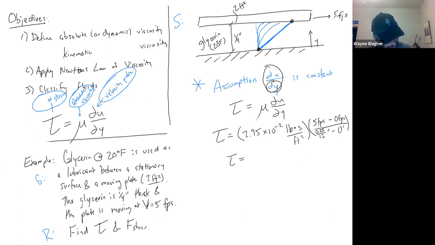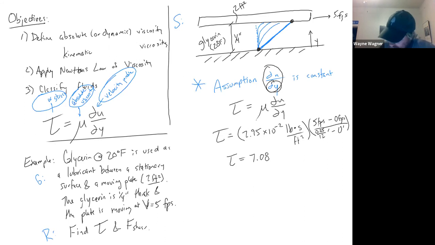All right, we'll do 5 divided by 0.25 over 12. That's 240 times 2.95. Oh, I forgot my times 10 to the negative 2. Okay, so we get 7.08.